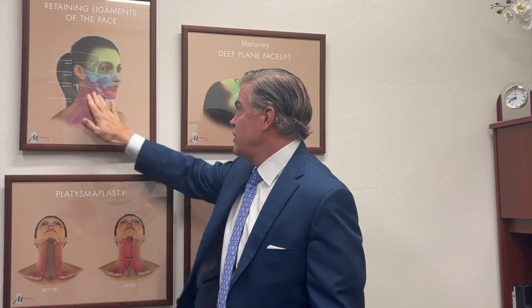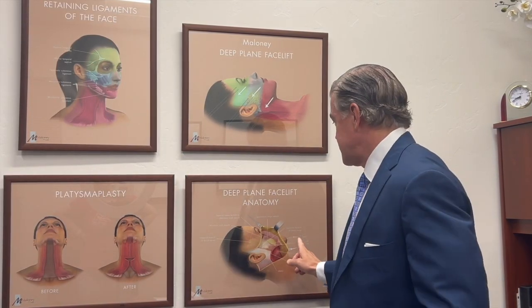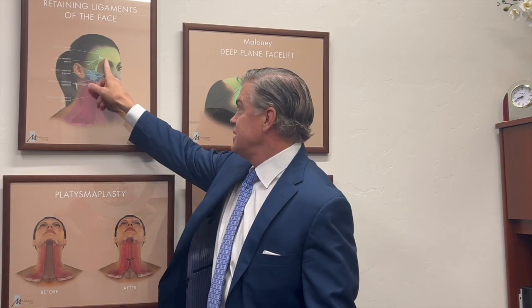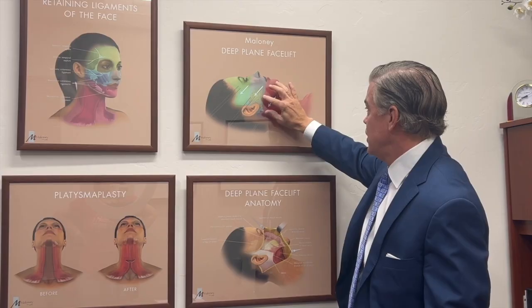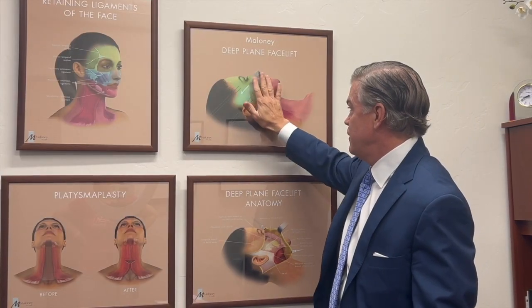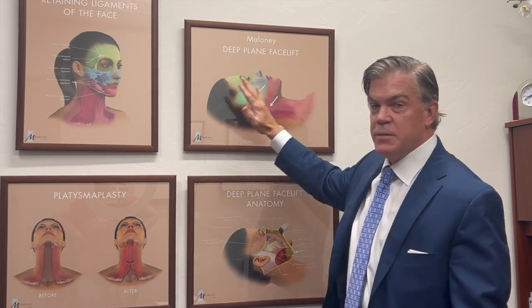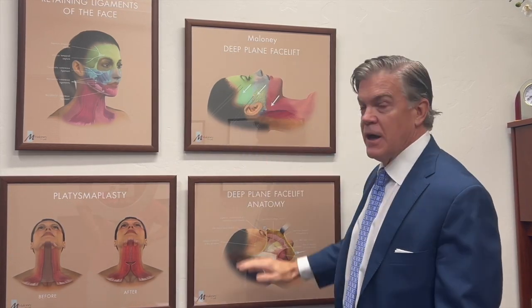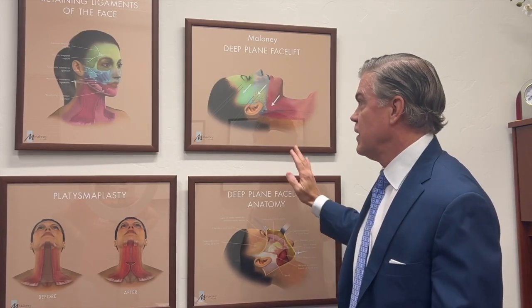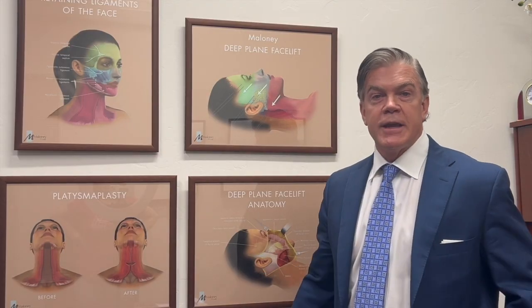So now that we know where these ligaments are, we have the ability to go in a deep plane underneath the SMAS structure, release these ligaments, and that now allows all the soft tissue of the neck, jawline, face, and upper third of the face to glide and soften the nasolabial fold and reposition things and fix them in a more permanent area that will allow for longer lasting results and allow for better surgical correction that a more standard skin facelift or just a SMAS lift alone was not capable of doing.